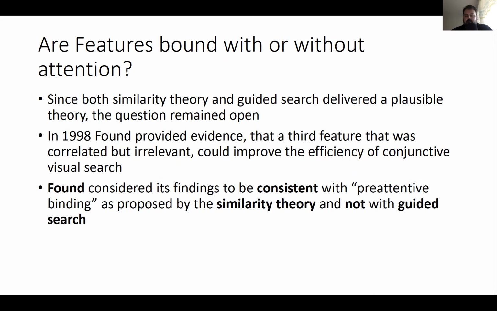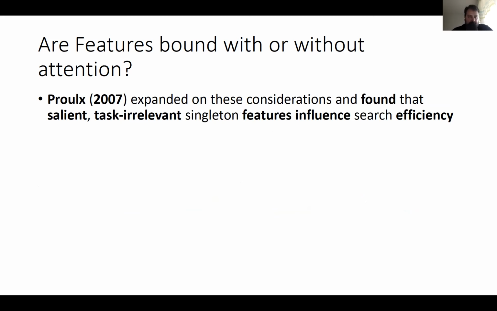Since this was not consistent with the guided search model, but consistent with similarity theory, he proposed that pre-attentive binding, as we called it, should be the correct solution to this question.